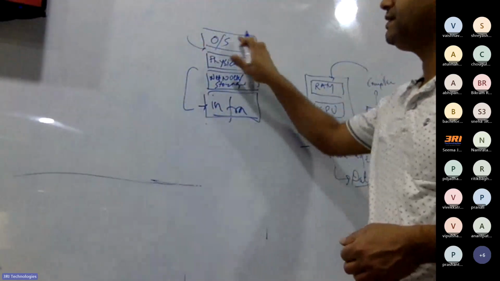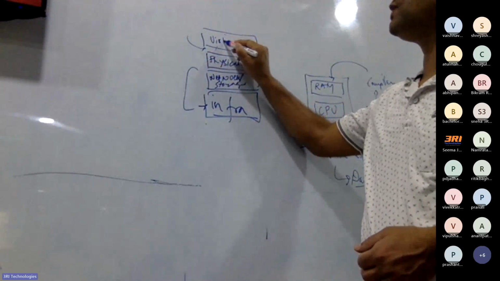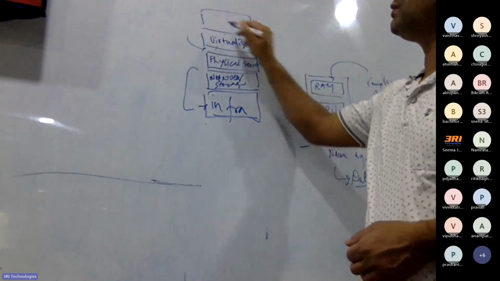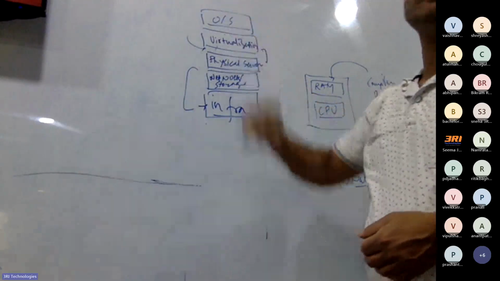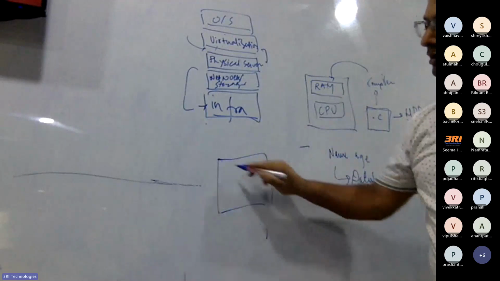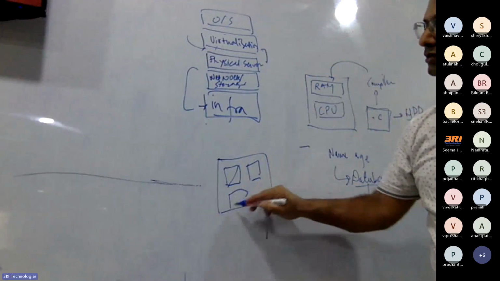So now you will see this is not an OS anymore. This is a virtualization layer. On top of it, you can now see operating systems. One machine can now have multiple virtual machines running.